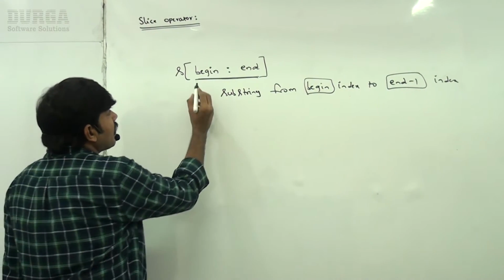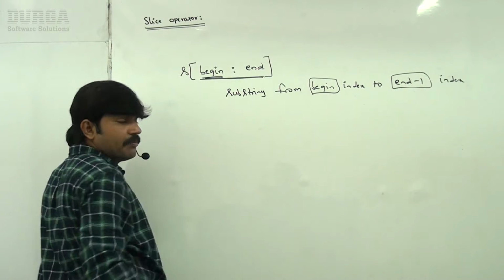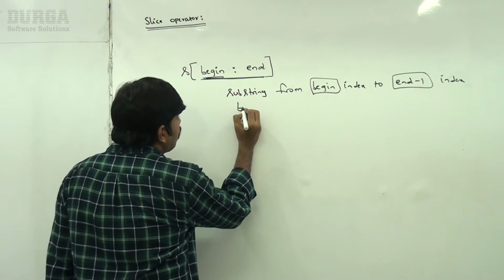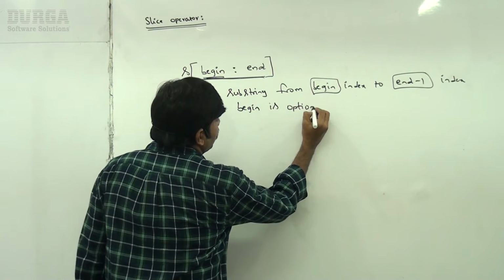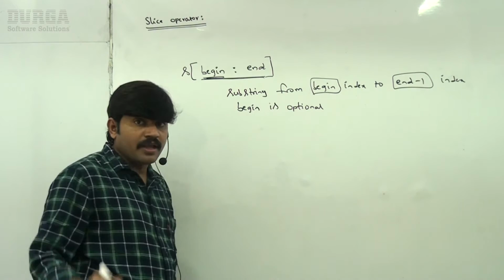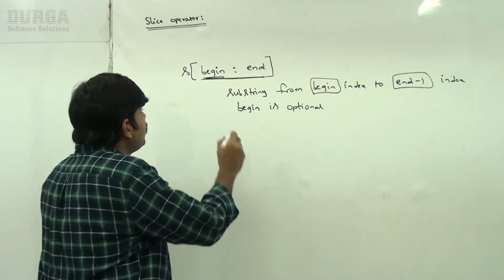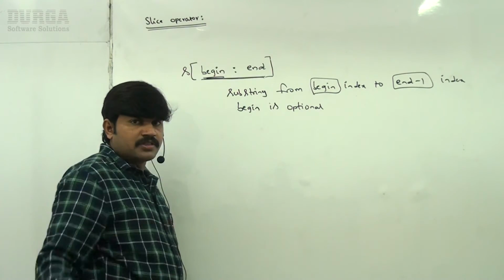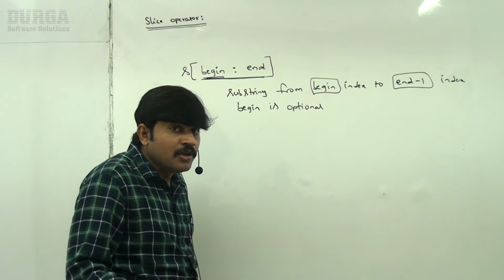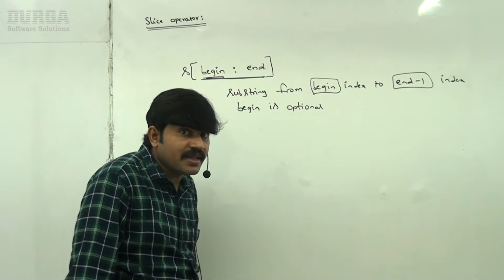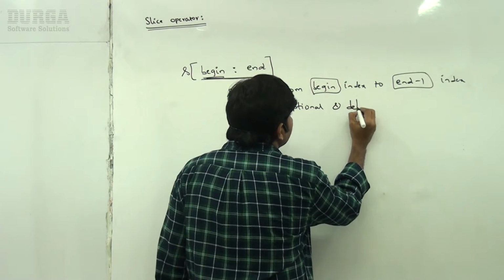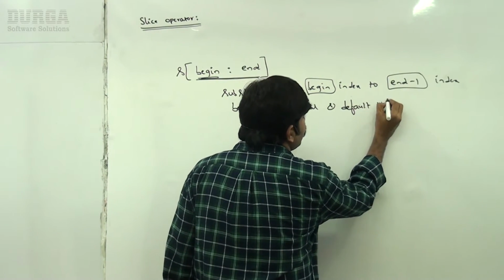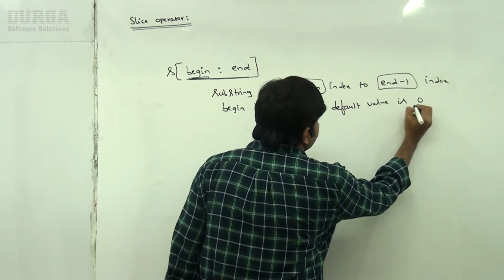Suppose you are not specifying begin: the begin attribute is optional, and the default value is from the beginning onwards. From the beginning onwards means what is the index of the first character? 0. So that's why it is optional, and the default value is 0.